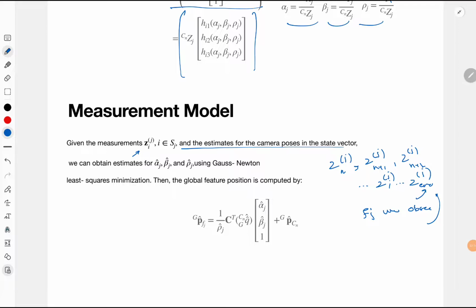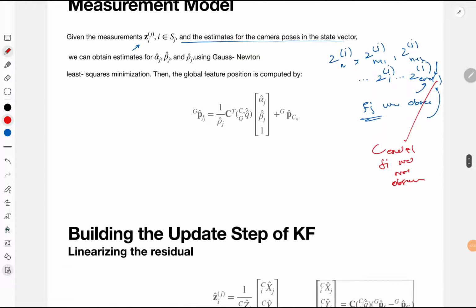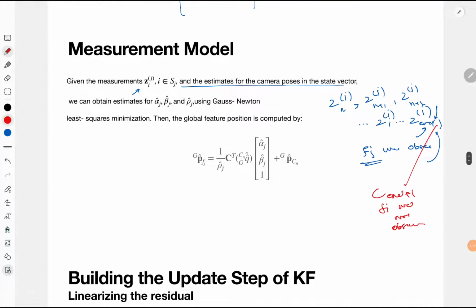By the last frame I mean that after this you received a frame where feature fj was not observed, that at the camera frame n plus 1, fj was not observed, and we would do these updates whenever there is a feature which was observed for some time and then we received a frame where it disappeared.